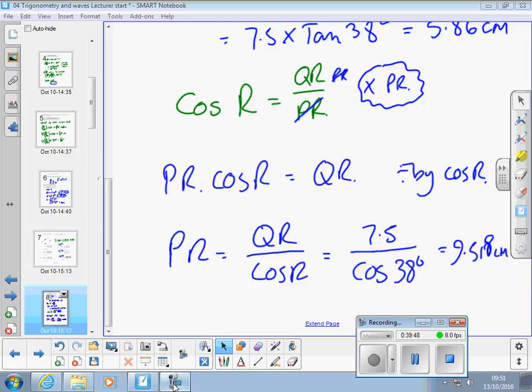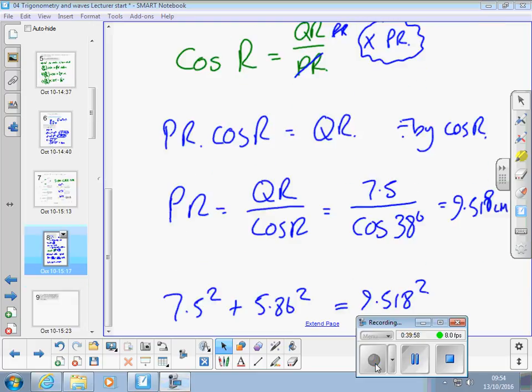Nine point how many? Oh no. No, we used to add, yeah, sorry, yeah. 7.86. Okay, so we could use Pythagoras' theorem here to check our previous answers are in the right ballpark. So always worthwhile having a method to check.